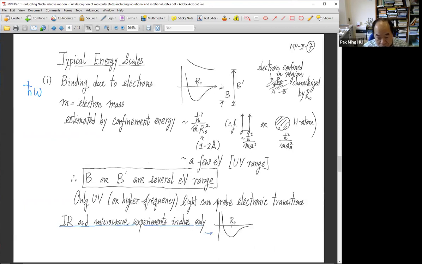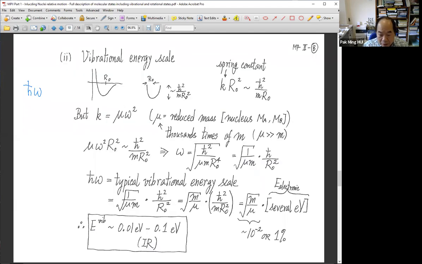Okay, well, by that I mean we have this part, okay? So we can multiply, divide the m here, so that I have to multiply m square here. So I have this ratio multiply into a few electron volt.